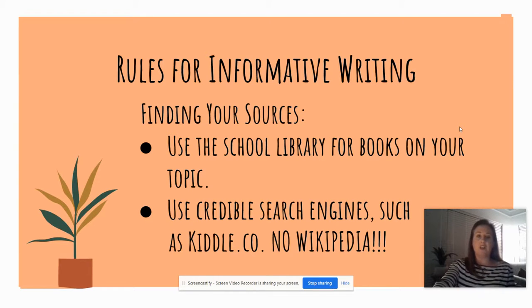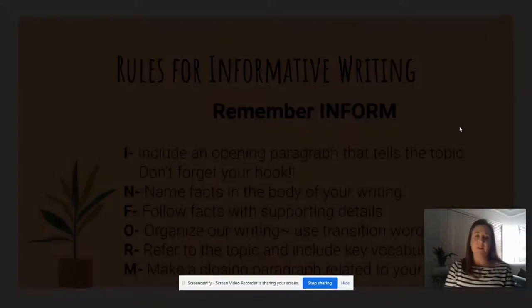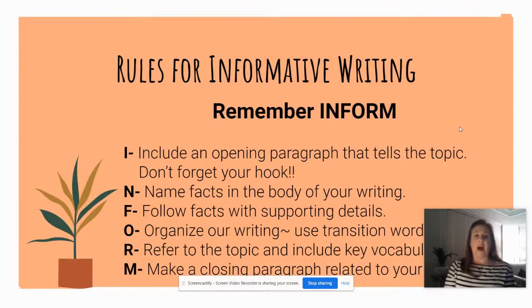Okay, so now let's look at what we're going to be doing and how we're going to be setting up our writing. So I like to use the acronym INFORM when I am writing my informative writing. Very first thing is starting with the letter I. I need to include an opening paragraph that tells the topic, and I need to include that hook.